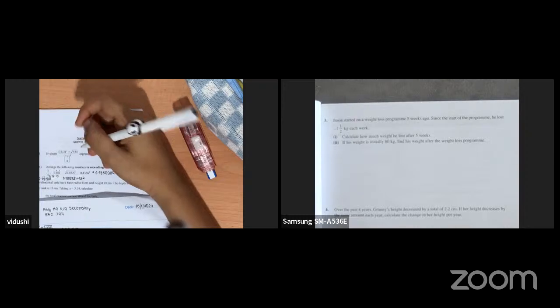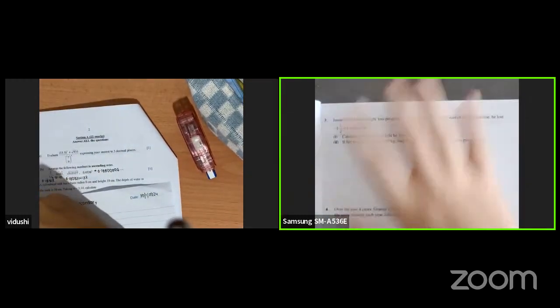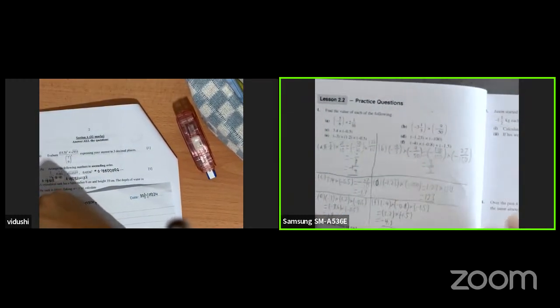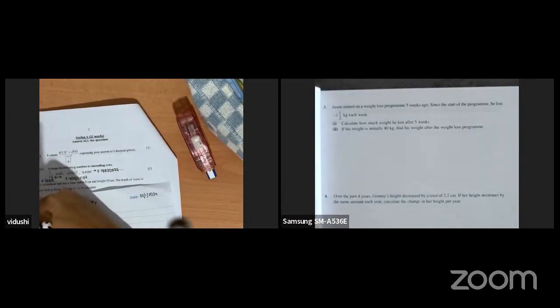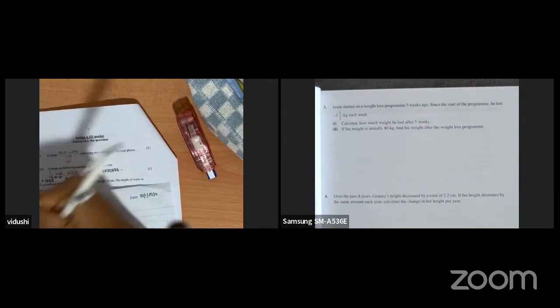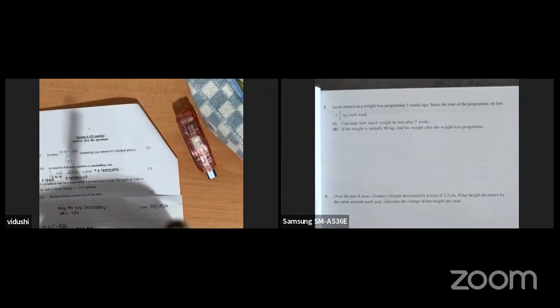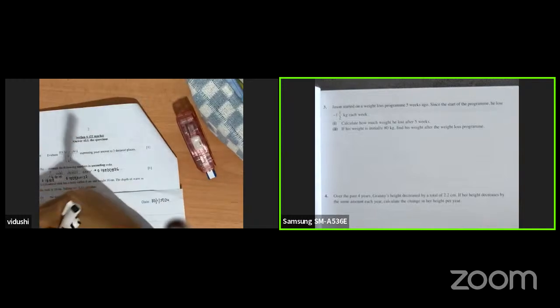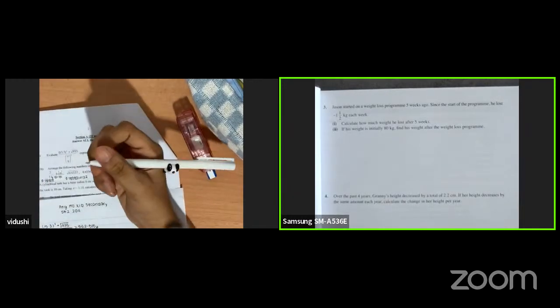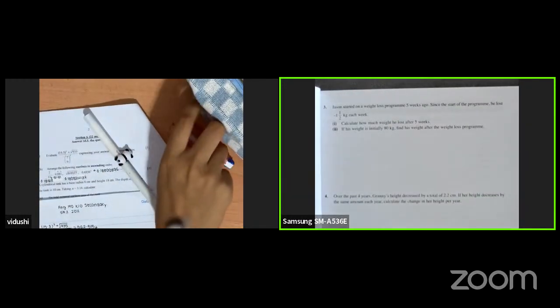Tell me if I'm wrong. She's just doing more pure ones, right? So do you have any idea whether the exam will include word problems? That one I'm not really sure. There's a 50-50 chance of it happening.